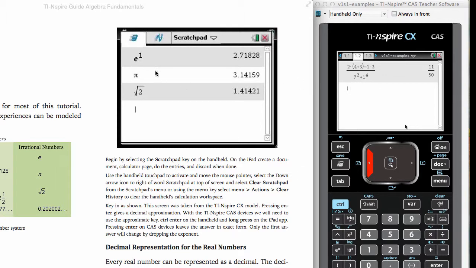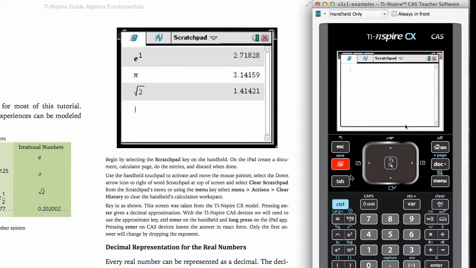In fact, when we're looking at these kinds of problems on our calculator, if we go to our scratchpad area, it's already in power mode, put in e to the 1. The CAS model of the calculator will give it back as the number e. If we want to see what it is as a decimal, we will press Control and Enter.